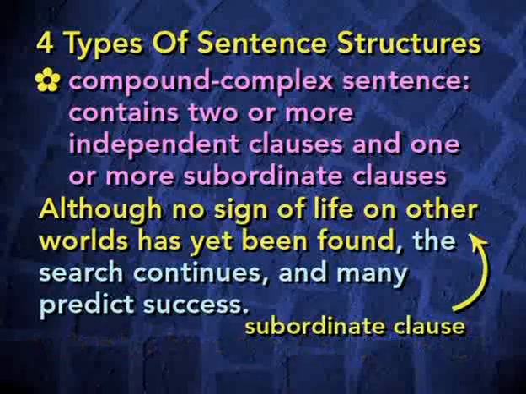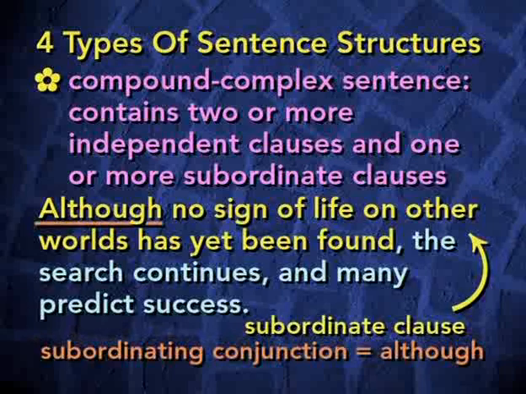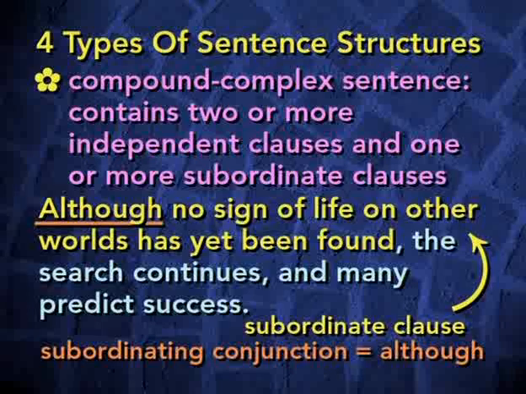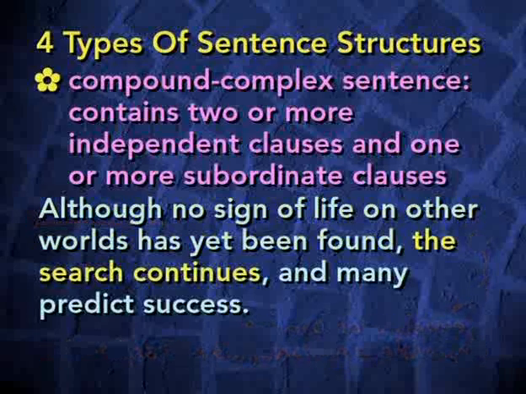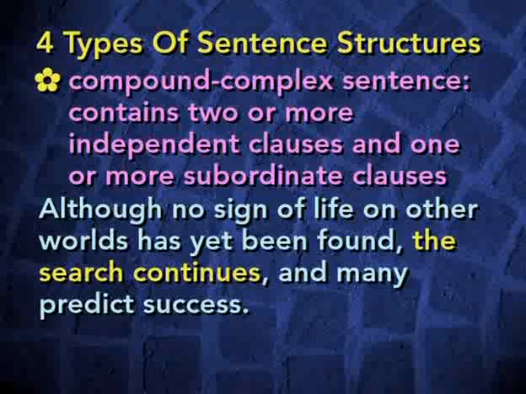The telltale sign, of course, is that it begins with a subordinating conjunction, although. Almost always, a clause that begins with the word although will be a subordinate clause and unable to stand alone as a sentence. What about the second clause? The next group of words in the sentence reads, the search continues. Here again we have a subject and a verb.